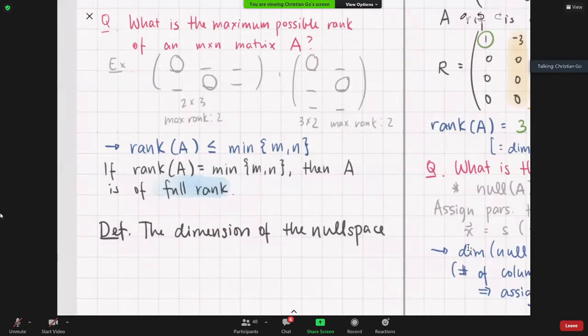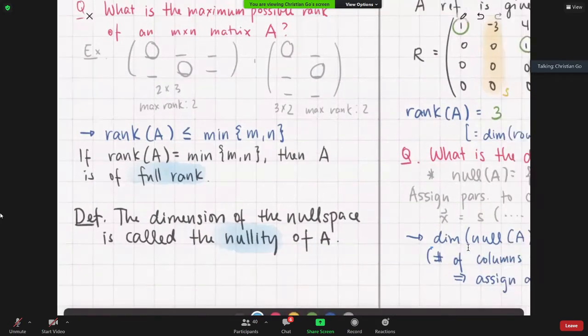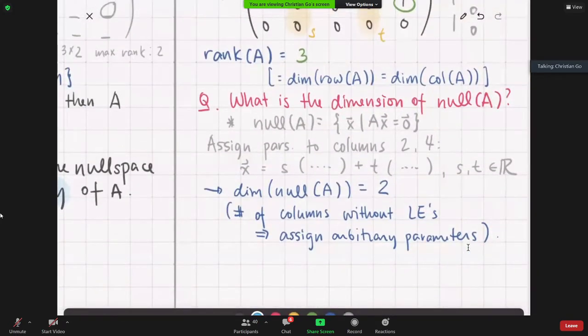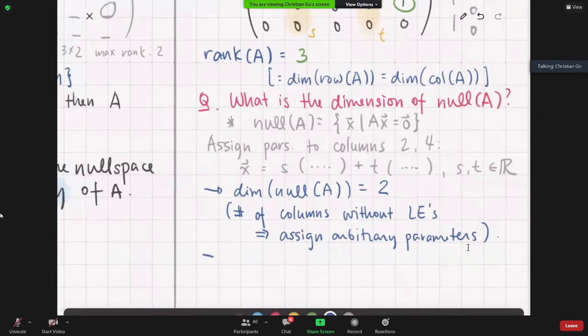It's called the nullity. Longer name, nullity of A. Okay, so the nullity of A is the dimension of the null space. So we can conclude in this case that the nullity of the matrix is 2.